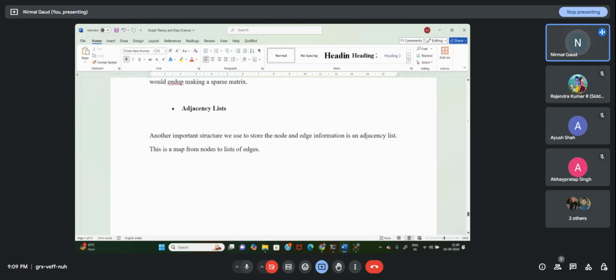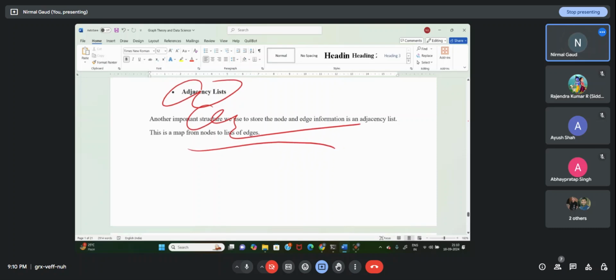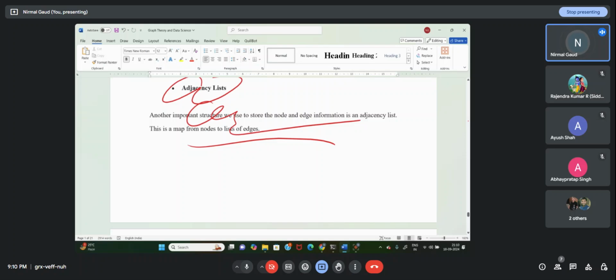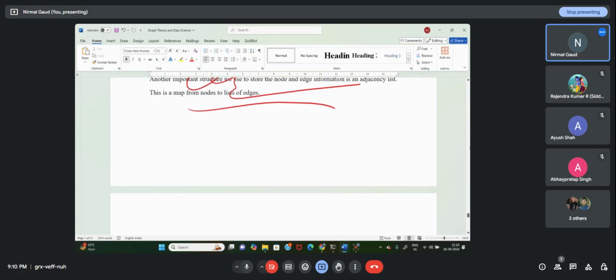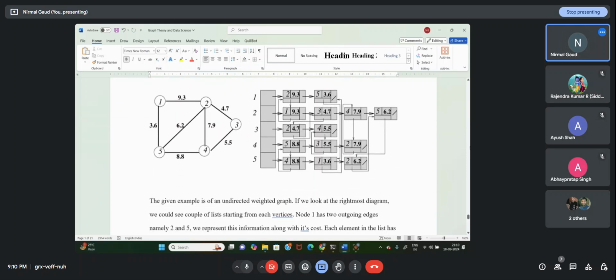Okay, so just like the matrix, we have the adjacency list also. Another important data structure, which is the list representation of a graph. Okay, so here it is. I have 5 vertices, and I do have the weights also available.